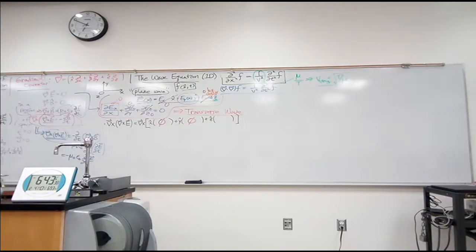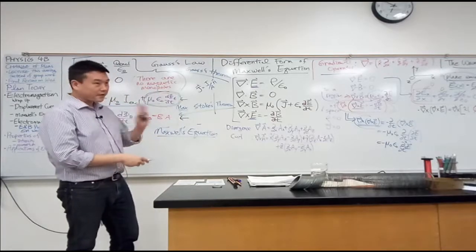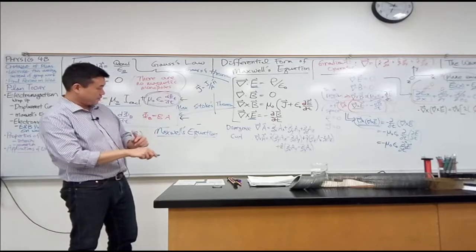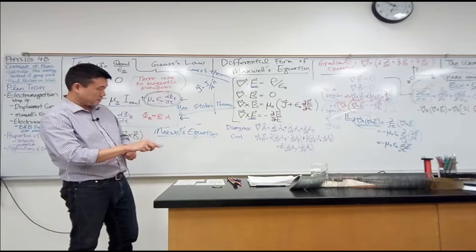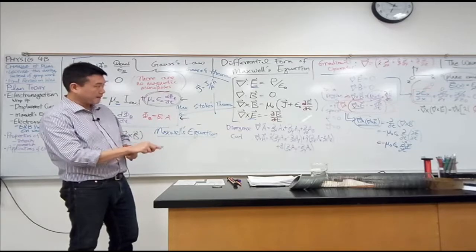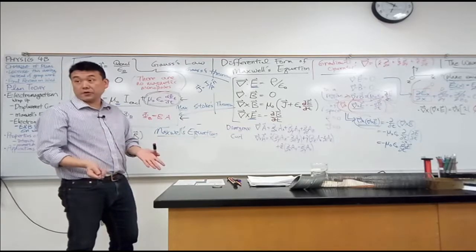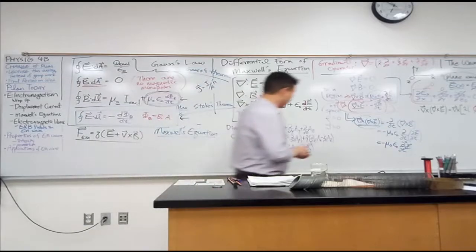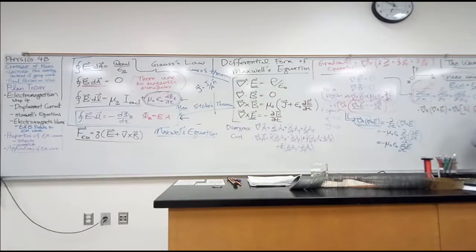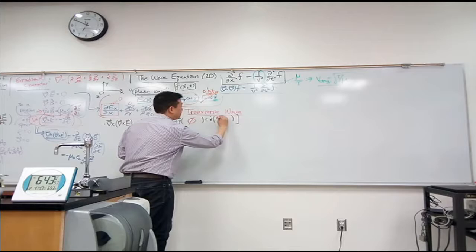So I have the z component to worry about. Once again, all this is important. We need to go through it. OK, so the y component, derivative with respect to x. Now, that's not going to be 0, so I need to write that down: derivative of the y component with respect to x.